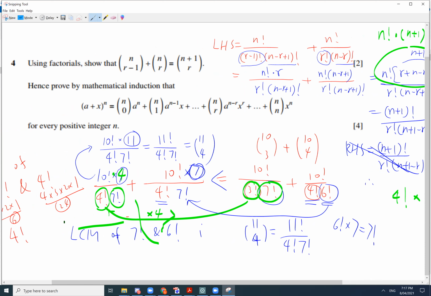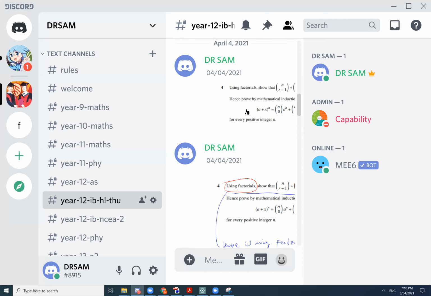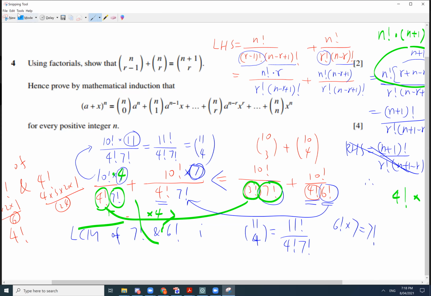This binomial theorem formula, they ask you to use induction to prove it. Okay, let's do it. I think last week we learned a lot about induction.